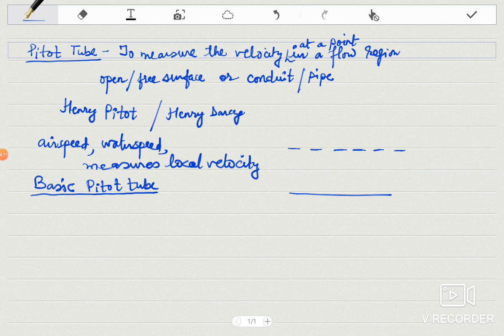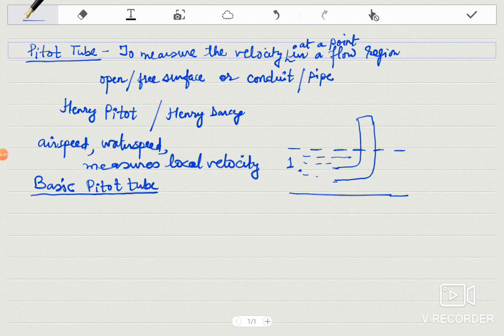This is some flow region in which the upper surface is free to atmosphere, and this is the lower bed. And in this you want to measure the velocity at a particular point in the flow region. Suppose you want to find the velocity at point 1. Then this is a Pitot tube, which is a cylindrical tube having a bend at 90 degrees.